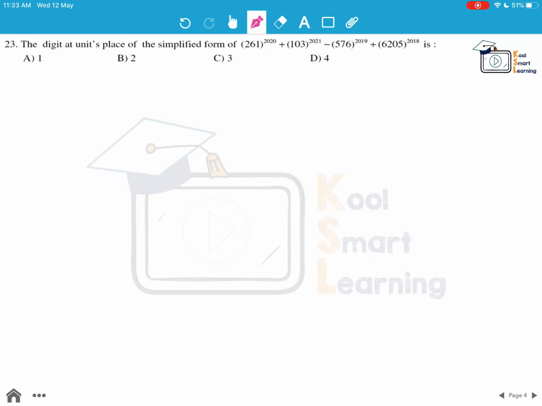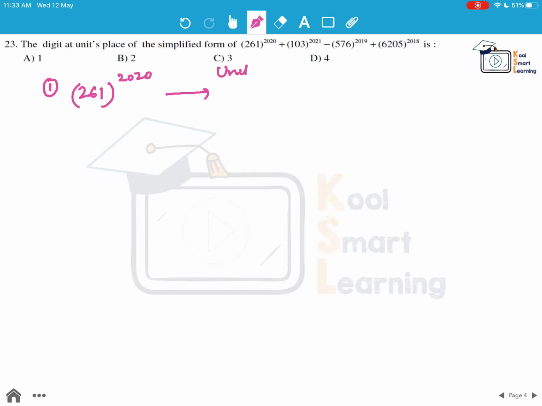So there is a way to find the units digit, and for this again you can refer to a separate video on that, the link of which is given in the description. So let's start with the first one, which is 261 raised to power 20.